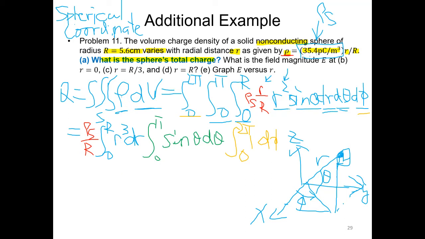So actually, we have rho s over R, and the second one will be r to the 4th power over 4. And then next, the integration of sine theta is minus cosine theta, and then you substitute pi and 0, and then you subtract them.